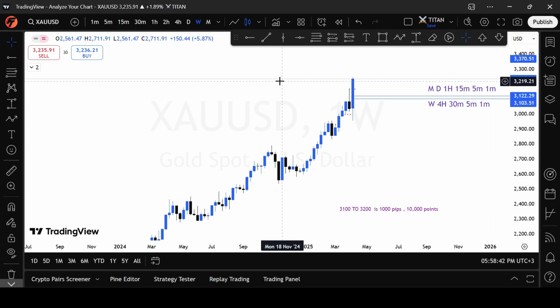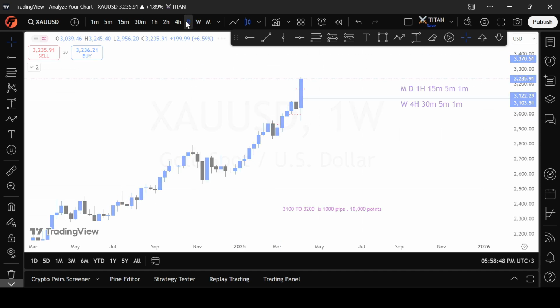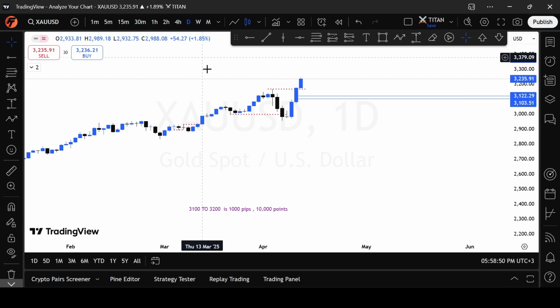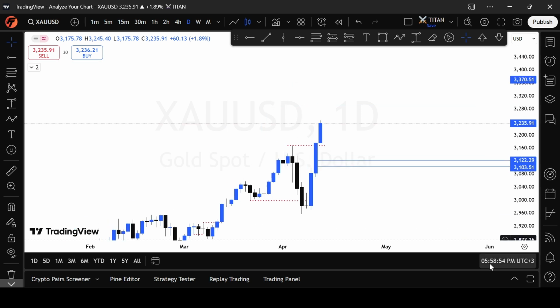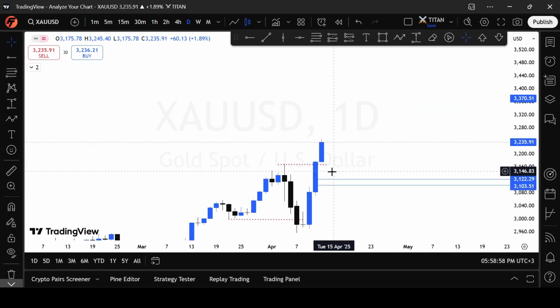As you can see, but it's just nice to know. Just keep it at the back of your mind, so that in the event that price still comes back and retraces to a zone like this, you are not caught off guard, right? You still know what you are looking for anyway.